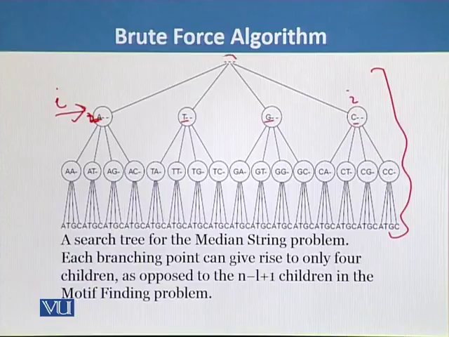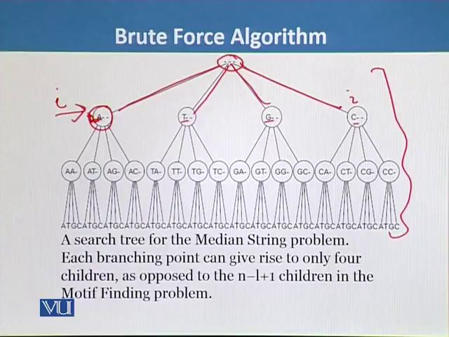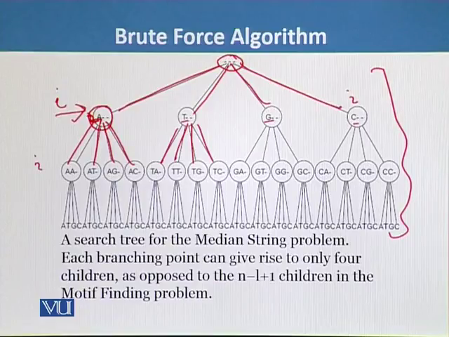We can see here this is the root, and from each vertex we have only 4 options: 1, 2, 3 and 4. Then this is the next level vertex, and from this we again have 4 options, 1 2 3 4. So from every vertex we have 4 options, and in the next level of vertex again we have 1 2 3 4 options.